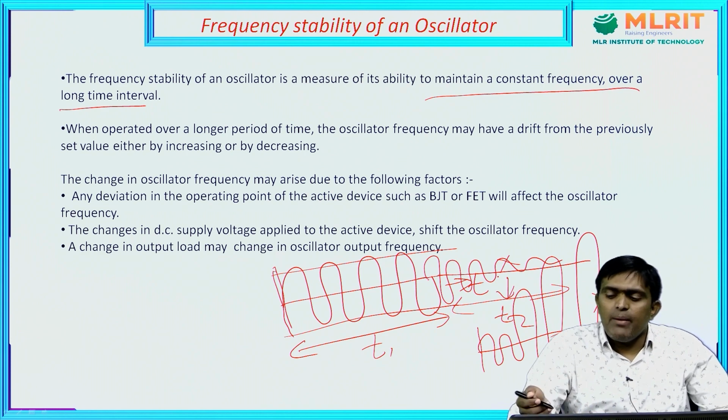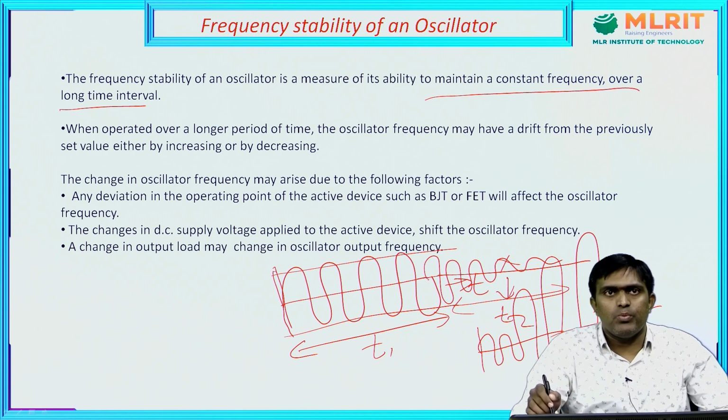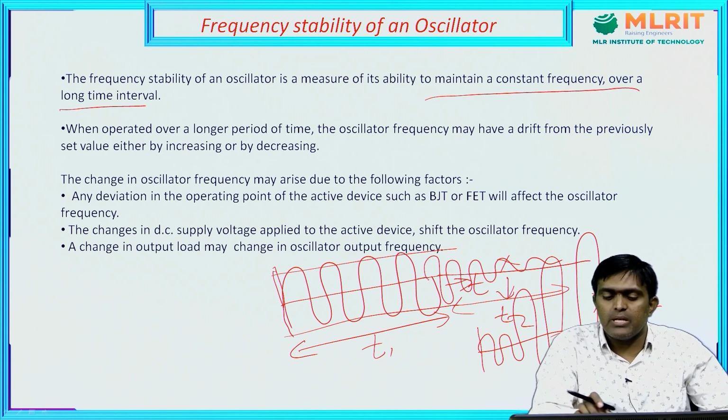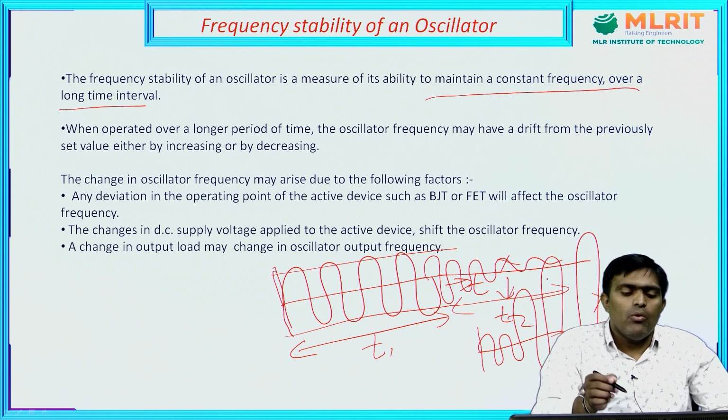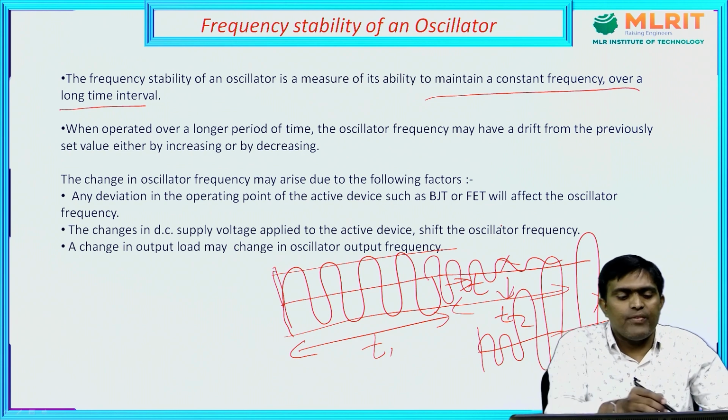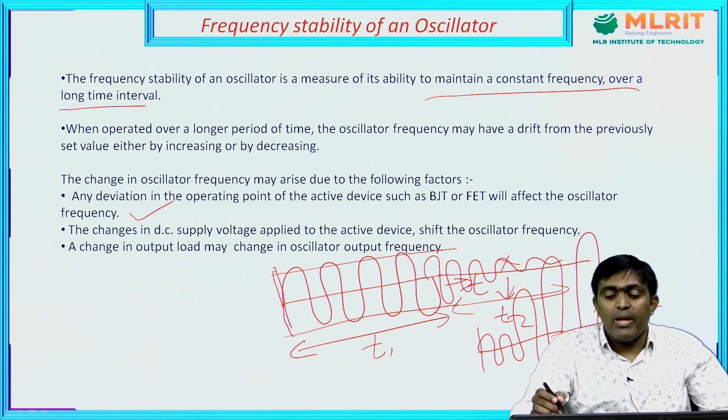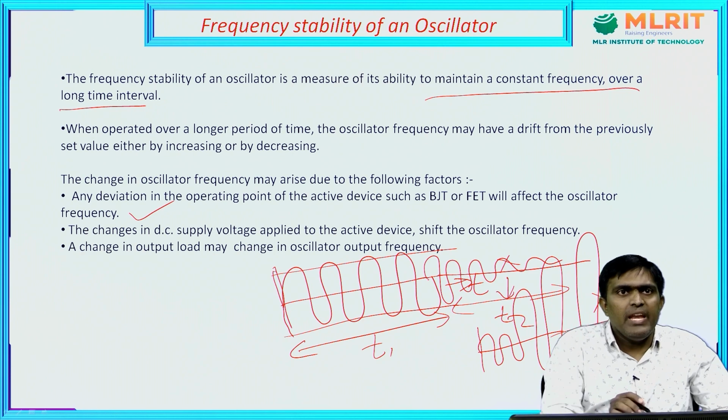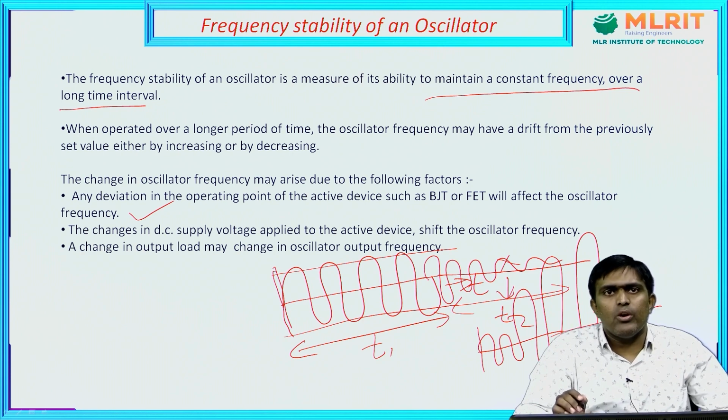So what happens if there is a decrease or increase in the output frequency after a certain time duration? Here we can have three effects, and this may happen due to three reasons. One is any deviation in the operating point of the active devices.